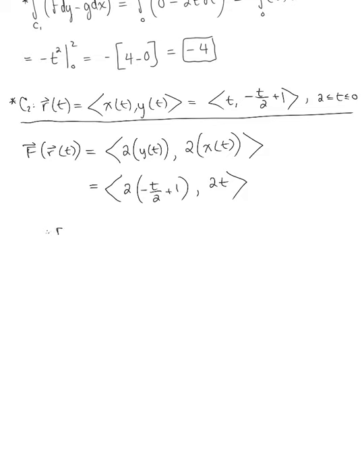So this parameterization of our vector field simplifies to, again, these are the components f, g. And if we distribute this 2 through to both pieces, we are left with minus t plus 2, 2t.